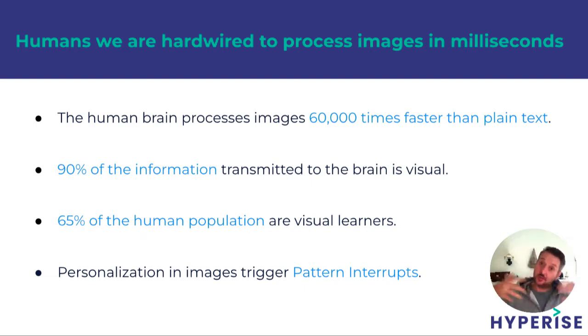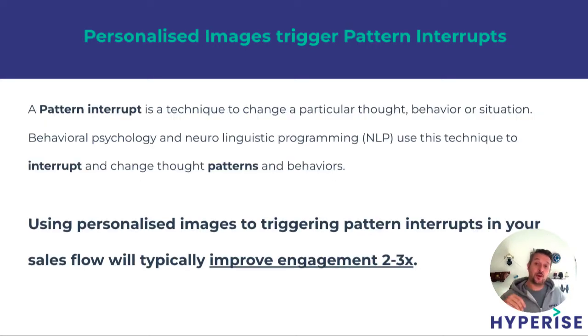But also, because the image is processed so quickly by the brain, when it includes something like personalization, it triggers what's referred to as a pattern interrupt. That is essentially a psychological behavior that puts a brake on the brain, screaming out, hey, stop, pay more attention to this, this is something a bit different. That personalization, that increased mind share, leads to more engagement and ultimately more people taking your call to action.